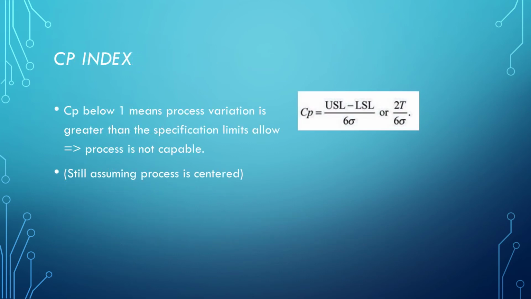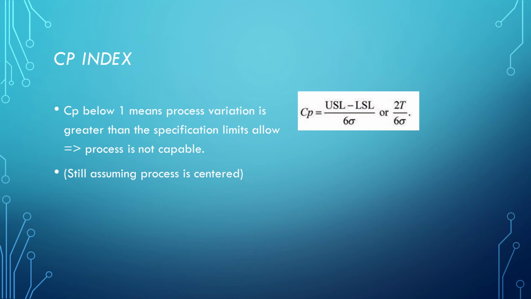Our next measure of process capability is called the Cp Index. And basically, it's the ratio between the width of the tolerances and the width of 6 sigma. Just like the relative precision index, we would need some estimate of sigma, which we would probably get from average range.